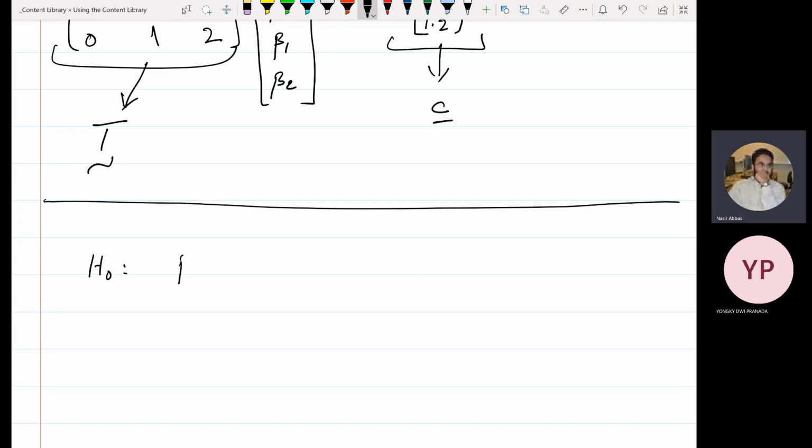Let's say I want to test that beta naught and beta 2 are 0.